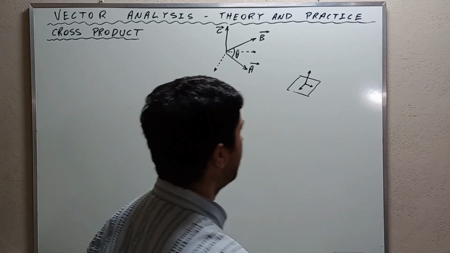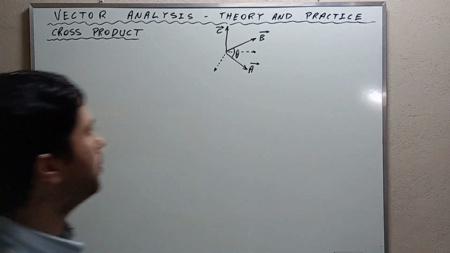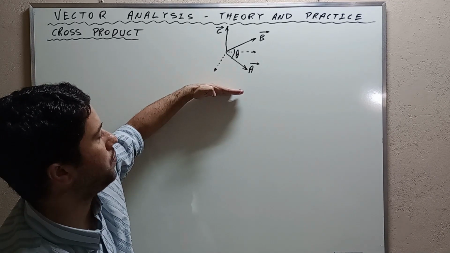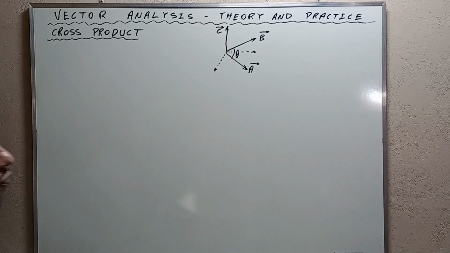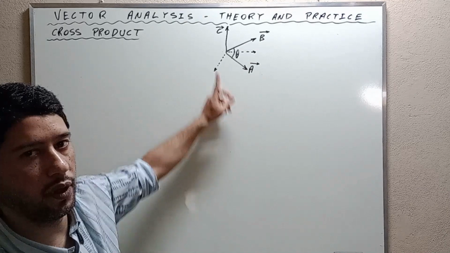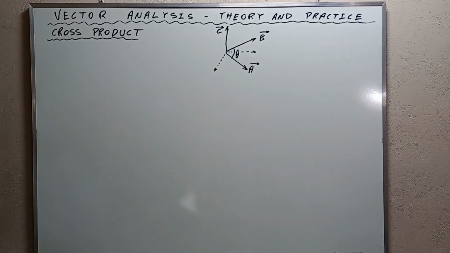Z is going to be perpendicular to the plane containing A and B. If they are in this plane here, then the direction of the vector resulting from the cross product is going to be perpendicular to the plane of A and B.